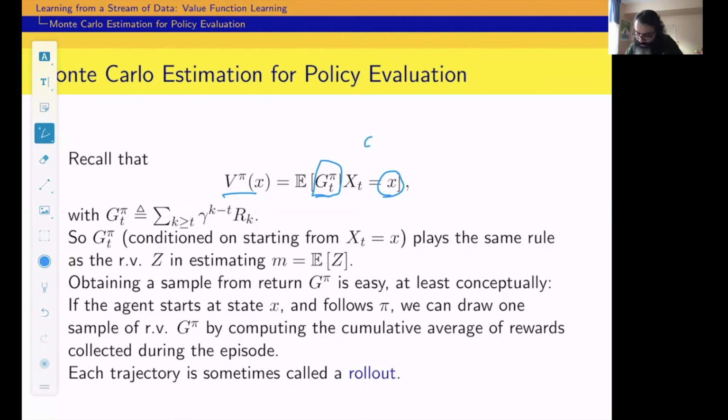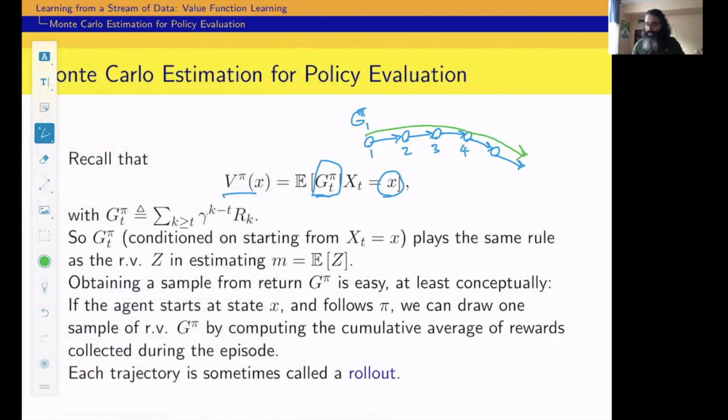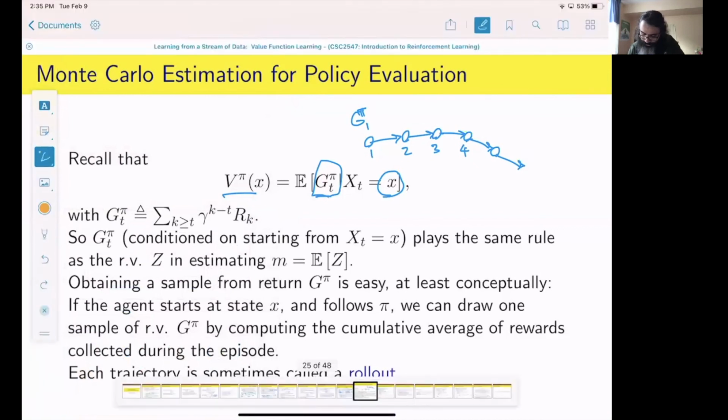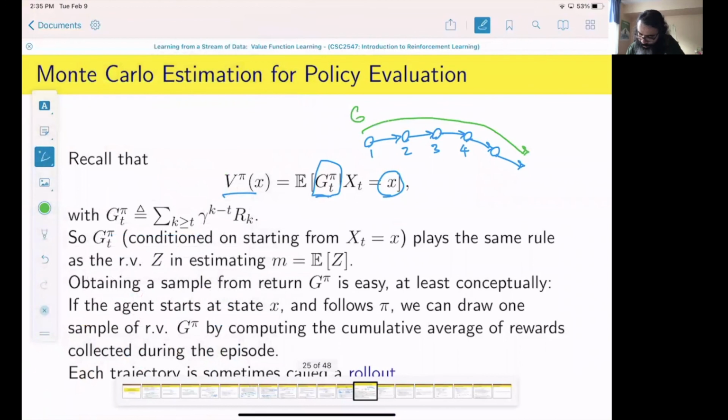If this is the agent's trajectory at time 1, 2, 3, 4, the reward that it gets from here to the end would be G1 pi, and then the return that it gets from time step 2 would be G pi 2, and so on and so forth.